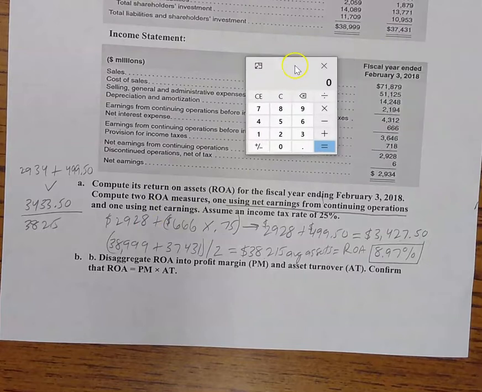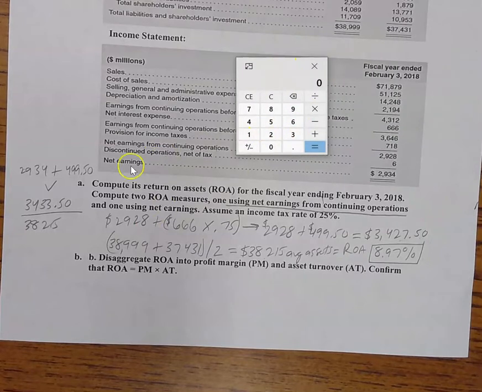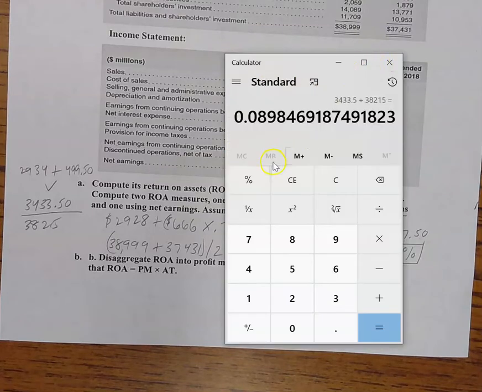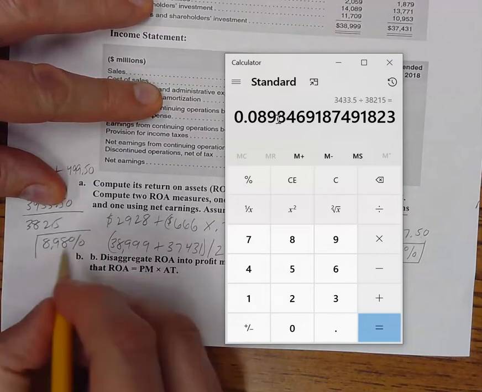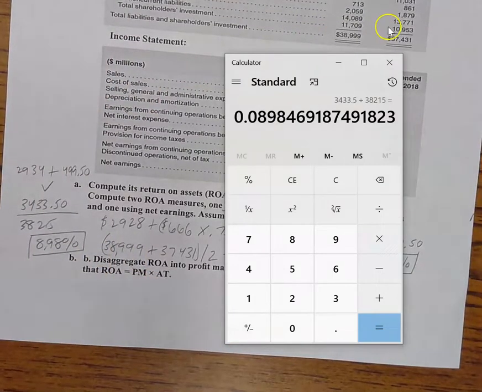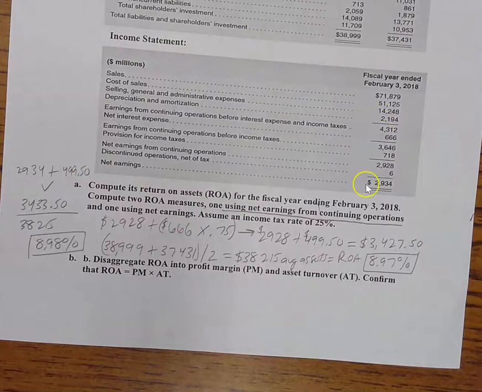So let's bring our calculator over here and do just that. So 3433 divided by 38,215 is going to give us 8.98%. So let me minimize this calculator real quick.